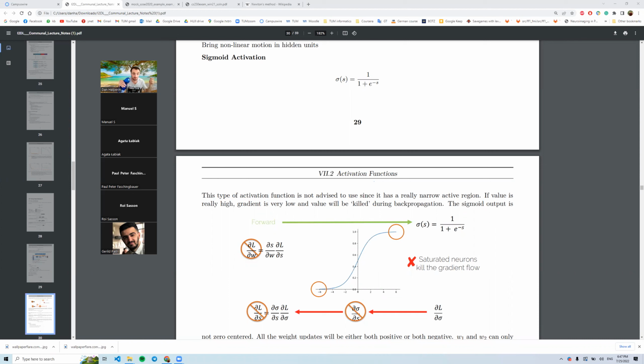Who said half? Maybe because if we initialize the weights to have mean zero, then half of them are going to be negative, and if the input is only positive, then half of them will be negative, and then zero. But I wouldn't go there.